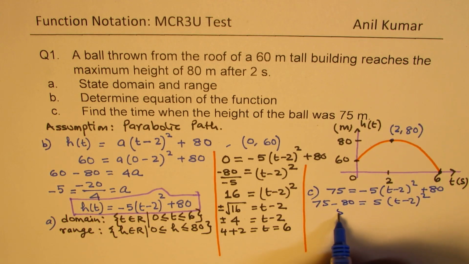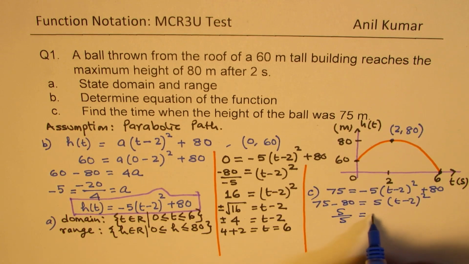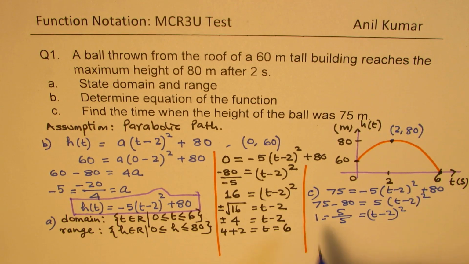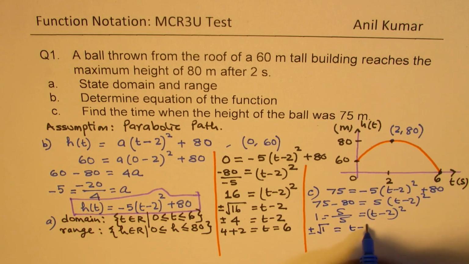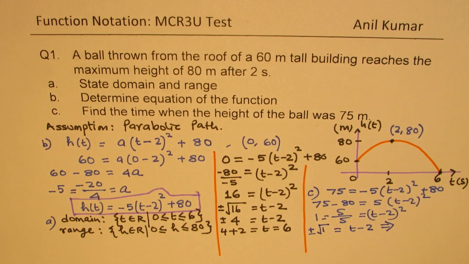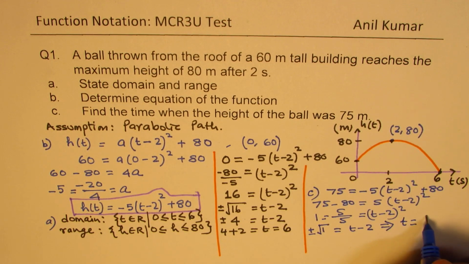So which is 5. So we get 5 divided by 5 equals to (t minus 2) whole square. Now that is 1. So square root of 1 will be plus and minus, equals to t minus 2. So that actually gives you two different answers. So we get t equals 2, bringing 2 on this side, 2 plus minus 1, right?